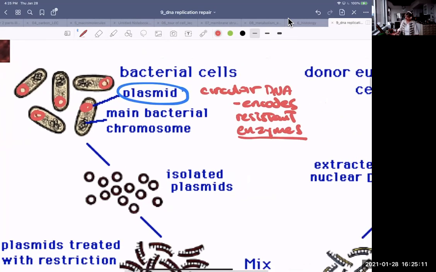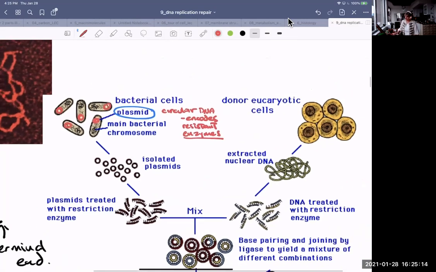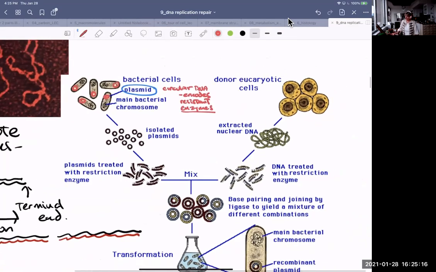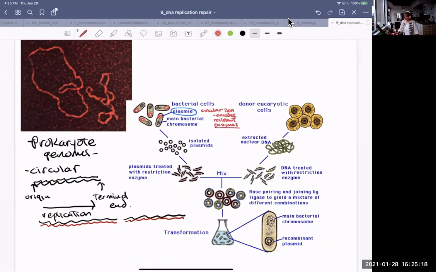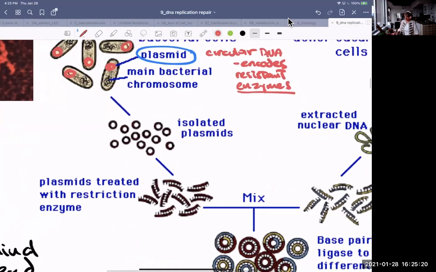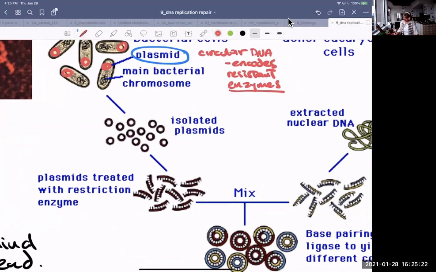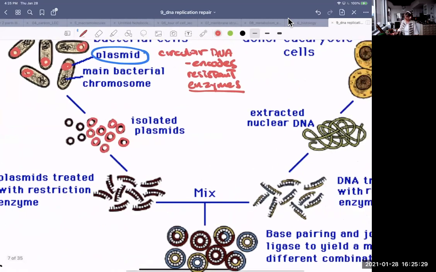What's very interesting is that there's this whole method now, and I'm sure you've heard of it before. I think some people call it CRISPR. There's different names for it. But here you've got the plasmids isolated from that bacteria. There they are there.